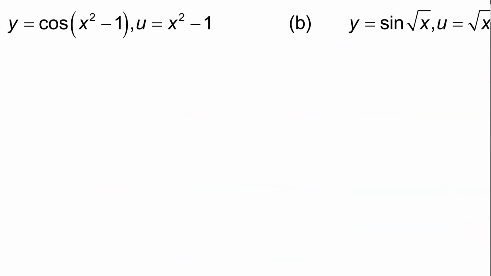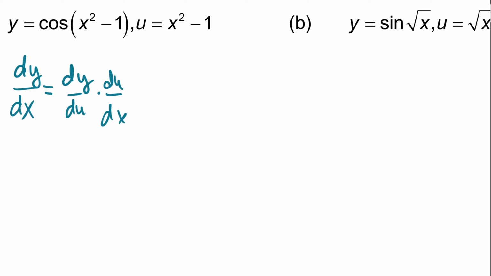Okay, so here we go. Use the given substitution in the chain rule to find dy dx. Here, y equals cosine of x squared minus 1, and u equals x squared minus 1. The derivative with respect to x, dy dx, is going to equal dy du times du dx.